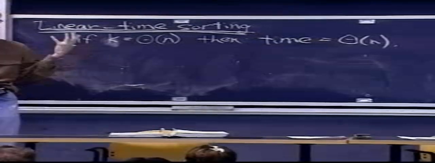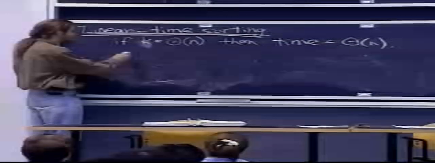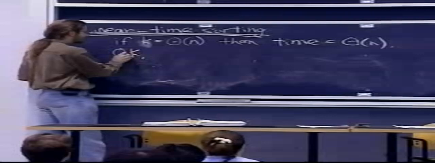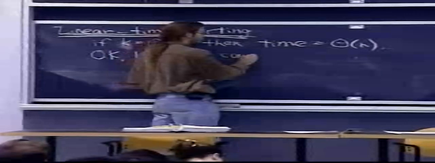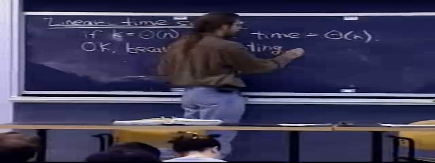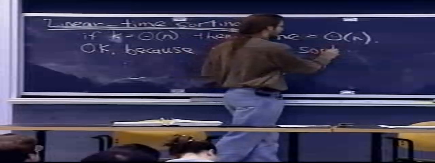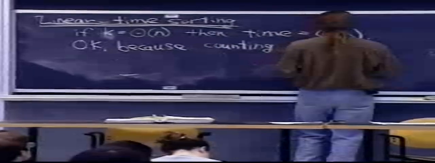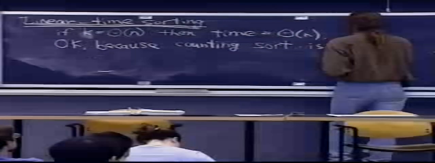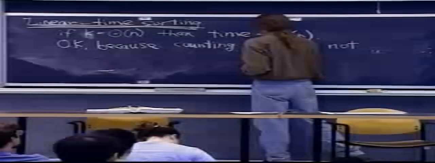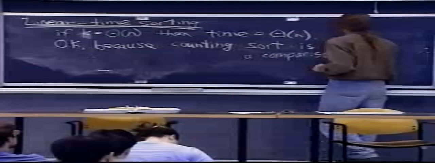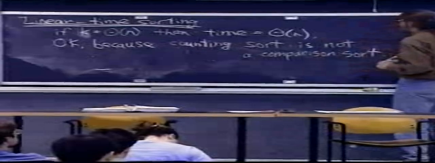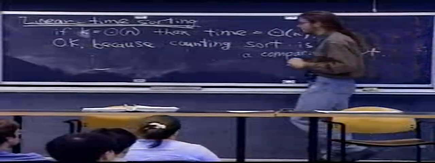Because counting sort is not a comparison sort. The lower bound only holds for comparison sort. So we're happy. This is pretty neat.